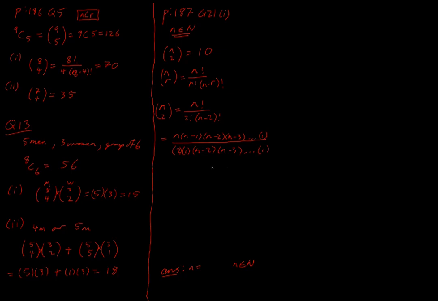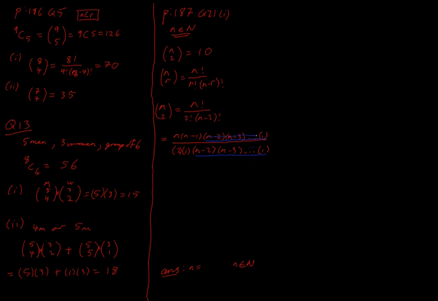Now if we look at our problem here, we have n minus 2 by n minus 1 all the way down to 1, and we have n minus 2 by n minus 3 all the way down to 1. So I have a common factor of all of this down to 1.